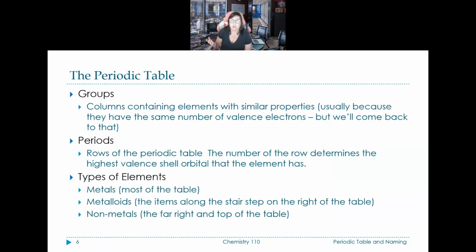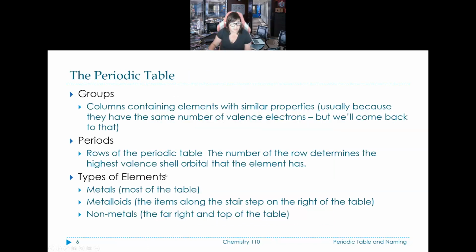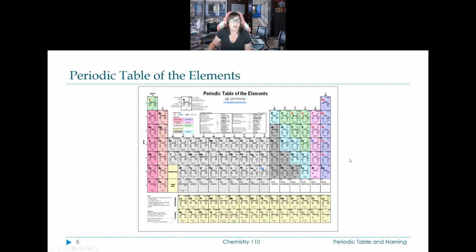Now, I said we were going to point out a couple of things, and I did talk about this a couple of minutes ago. So the groups, those are the columns containing materials that have similar properties. So these columns have similar properties. We can then talk about the periods, so the rows that these things exist in. And again, we can talk about the row number telling us where exactly those outermost electrons live.